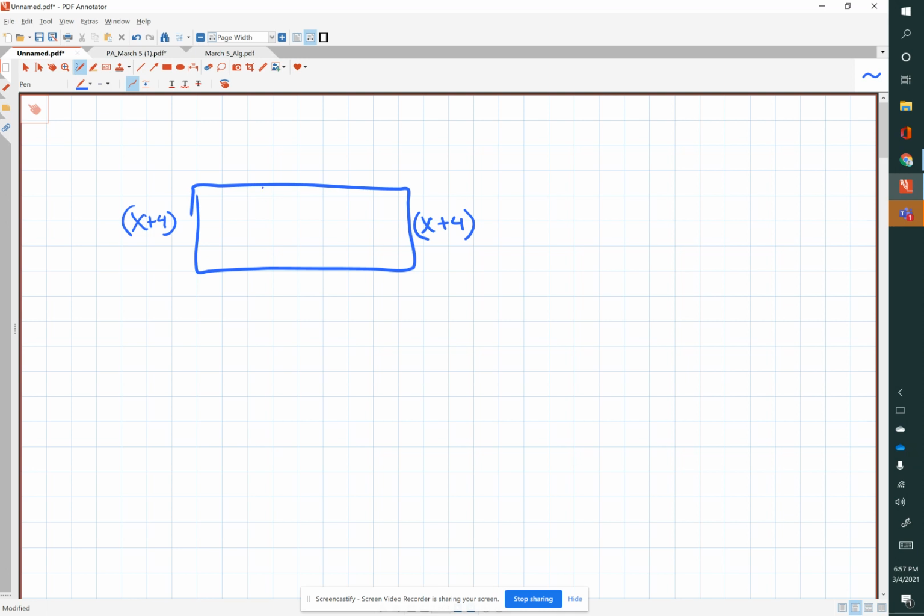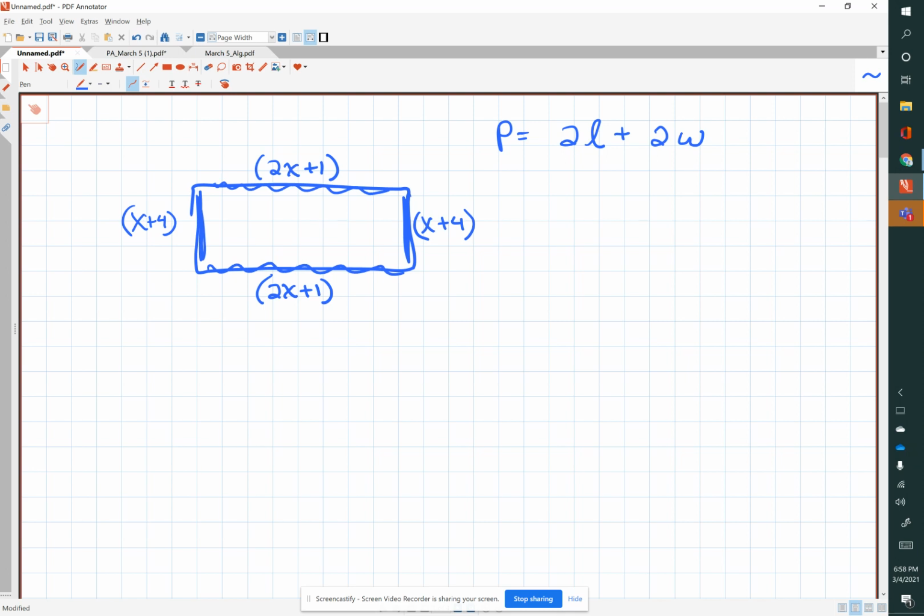And it's got 2x plus 1. So perimeter equals 2 times the length plus 2 times the width. So here's the width, the short part, and the length is the long part.